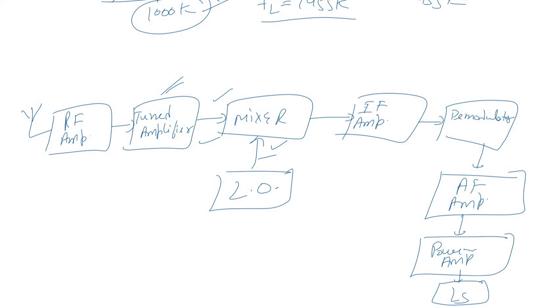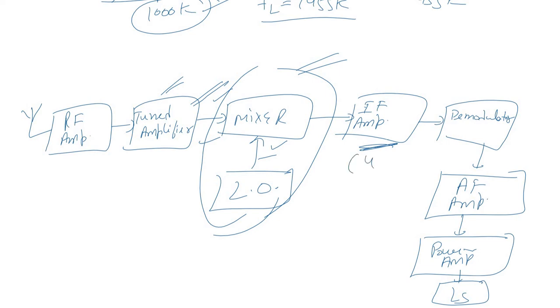You can easily compare the changes with the tuned radio frequency receiver. We have this tuned amplifier that is extra, and we have this mixer setup extra, right? We have already explained the purpose of the mixer setup, and the IF amplifier is to amplify the IF frequency, that is your intermediate frequency, which is about 455 kilohertz.